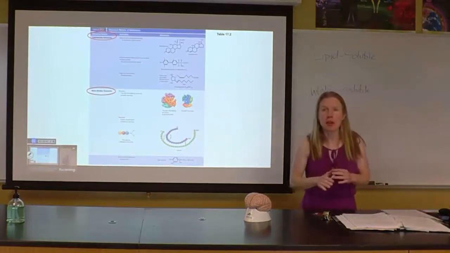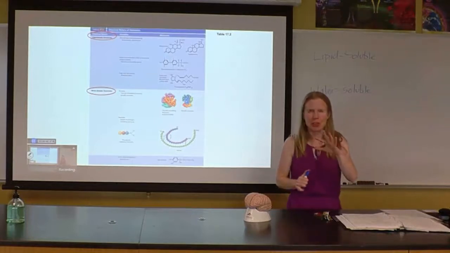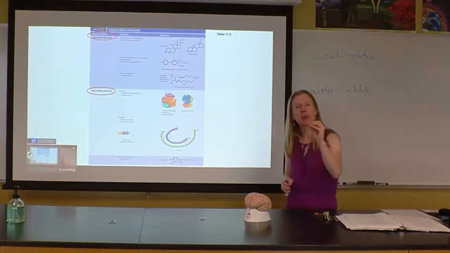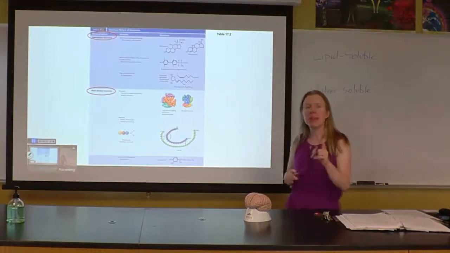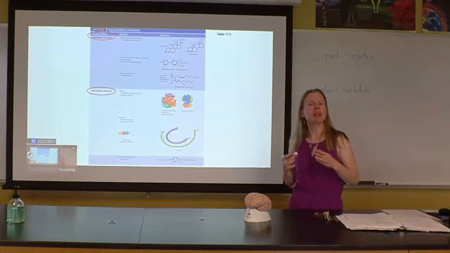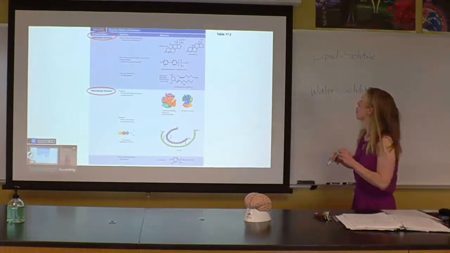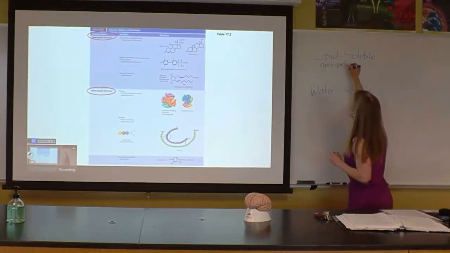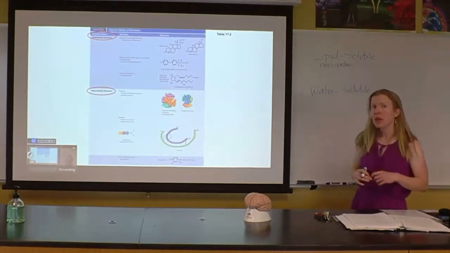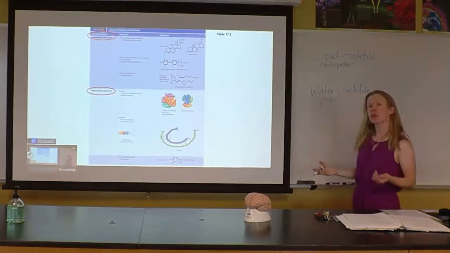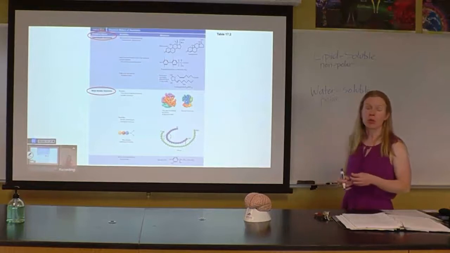Now this is when you're going to be happy if you paid attention in those early chapters on chemistry, which no one ever likes. But if you think back to what those words mean on a chemical level, if something is lipid soluble, it's going to be nonpolar. Remember, water is polar, and polar molecules dissolve in water.